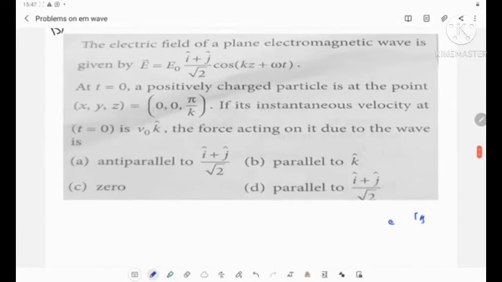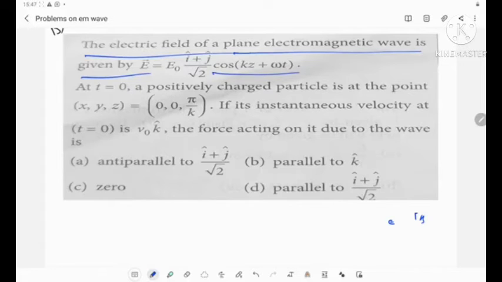Next, 15. The electric field of a plane electromagnetic wave is given by E naught into (i cap plus j cap) by root 2 cos(kz plus omega t). At t is equal to 0, a positively charged particle is at the point x, y, z equal to 0, 0, pi by k.